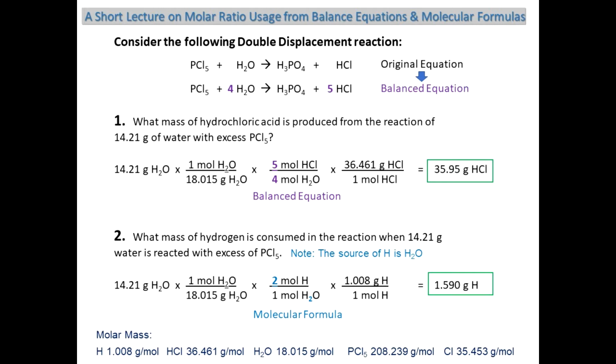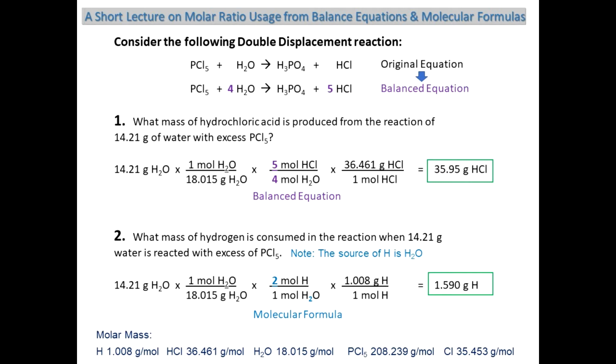We do 18 grams of water on the bottom, moles of water on the top, and then since we're going from water to HCl, that is from one compound to a new compound, we must interconvert using the molar ratio of mole water on the bottom to mole HCl on the top, and we get the units for this from the balanced equation.